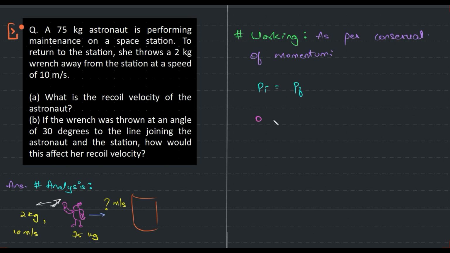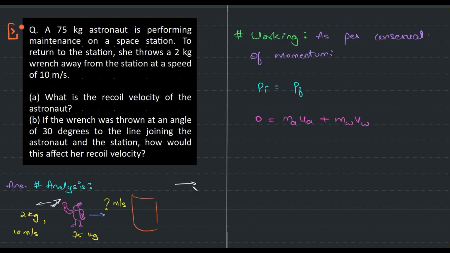Initial momentum is 0 because before throwing, nothing is happening. Final momentum is m_a v_a, the mass of the astronaut times her velocity, plus m_w v_w. I can put final also, but I think this is simple.